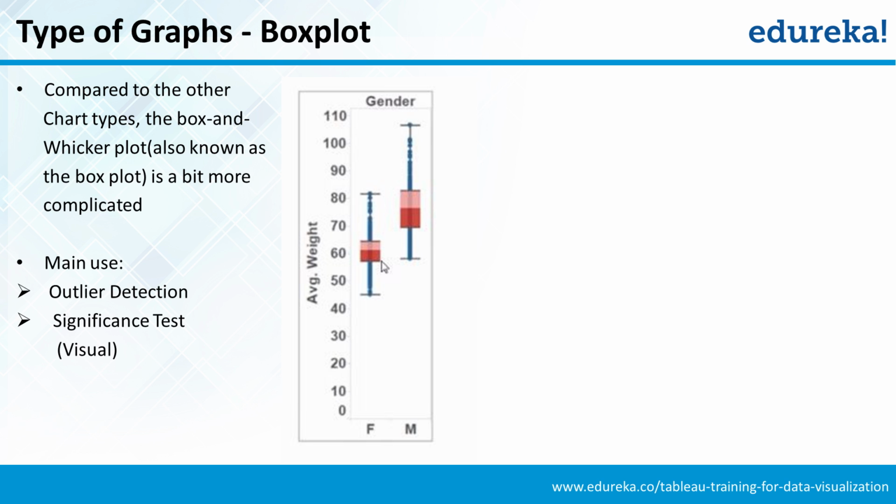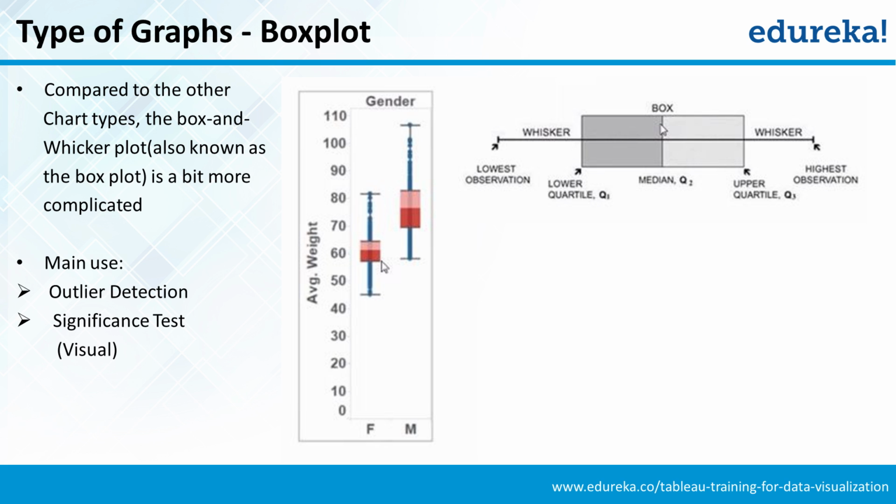Some male employees are not very heavy, and some are extremely heavy. But in general, the female group is lower than the male group. So females tend to have less weight compared to males. This is what this box plot is showing us.